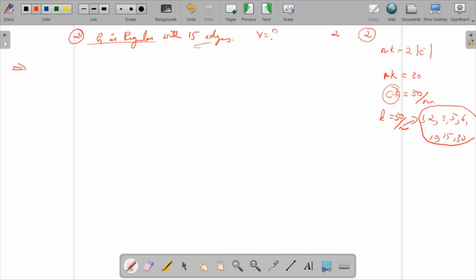Okay, so let us write the definition for this. Since G is regular, all vertices of G must be of the same degree, say k.